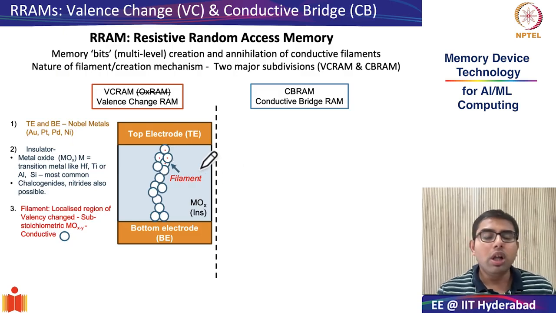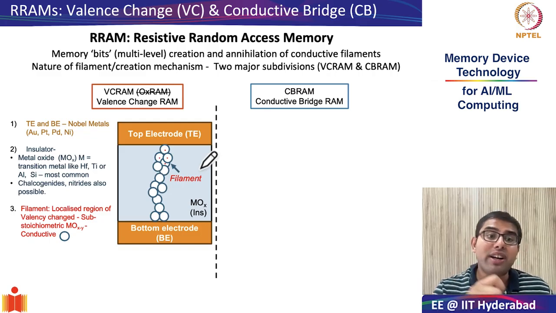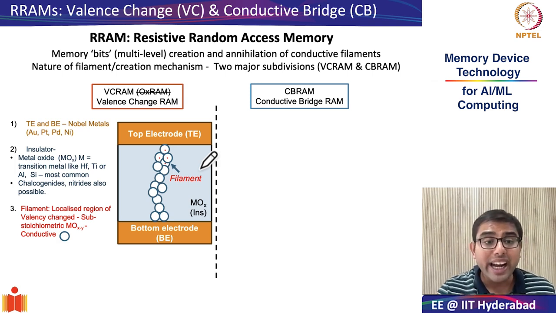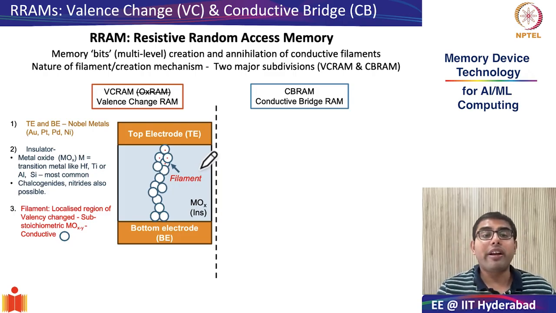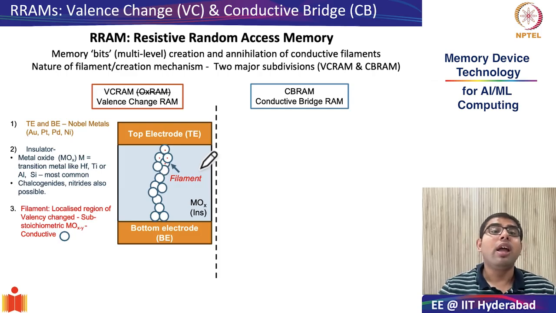As you may know, a metal oxide, when the stoichiometry is complete, shows insulating behavior. But when the stoichiometry is modified or the valency of the metal oxide has been changed by making it oxygen deficient, the region which has substoichiometric oxide starts behaving in a conductive manner. And that is the fundamental reason for this filamentary formation.